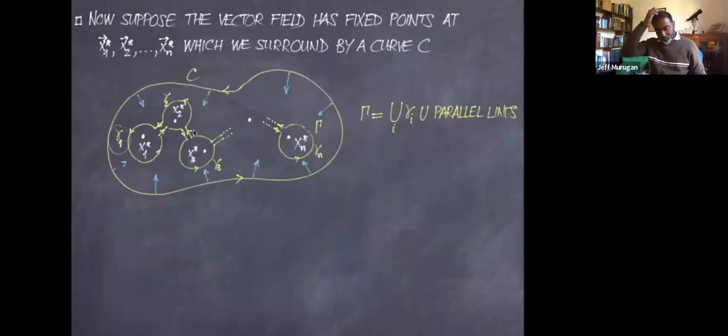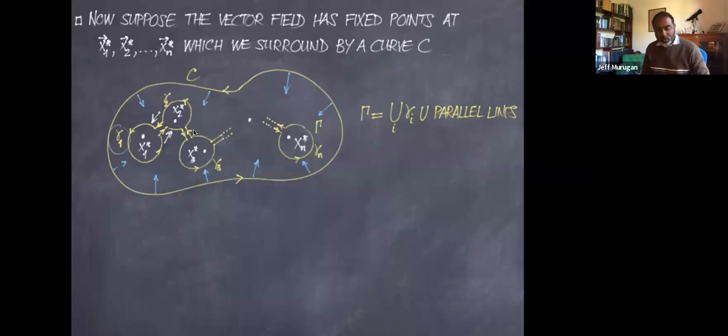So back to this picture. Now my curve gamma, capital gamma, is the union of all of the circles as well as the parallel lines. But you can see that every time I traverse a parallel line in this direction, I'll go back in that direction. And so whatever contribution I'm getting from the parallel lines is going to cancel out.